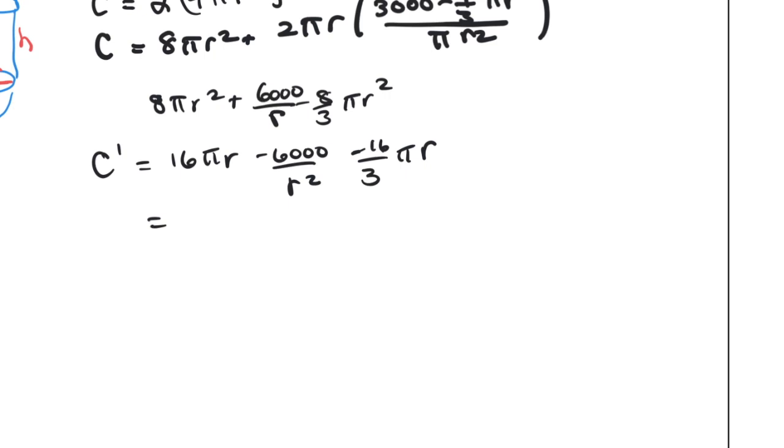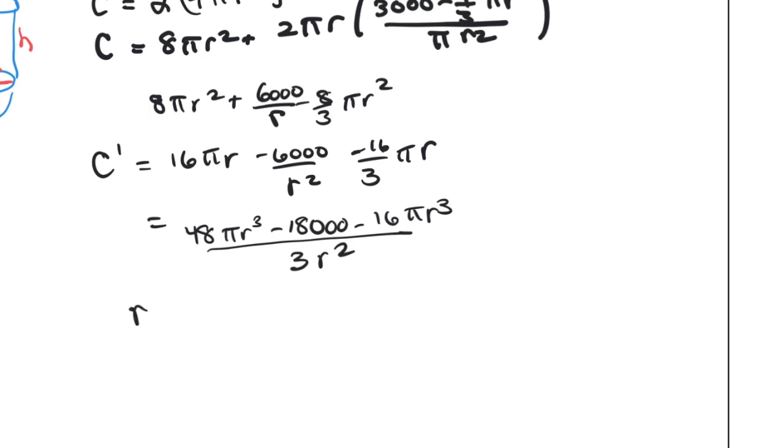And that gives us a 48 pi r cubed minus 18,000 minus 16 pi r cubed over our 3r squared. And when you solve this for r, you get r equals the third root of 1125 over 2 pi, and also r equals 0. Don't forget that one.